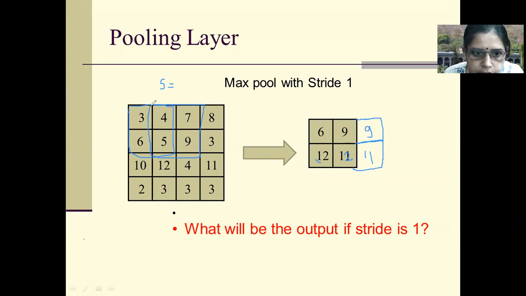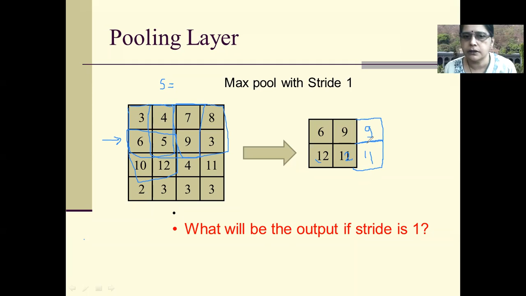Okay, so we shift it here. After we apply the pooling here, then we shift it once again by one column. So it will be here. Once we complete all the columns, we shift it downwards by one row. So next position will be this. Again, we shift it by one column and so on.